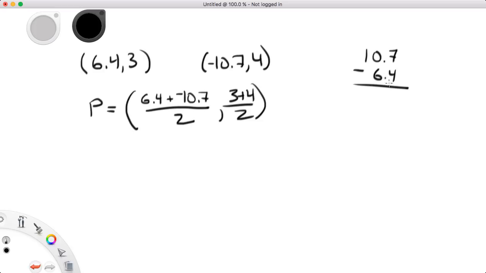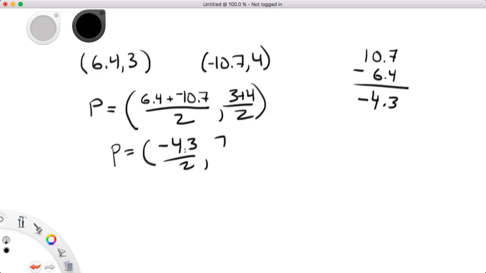So my midpoint, I think we're calling it P again, so let's call that big P. Okay, is going to be, here's x1, here's x2, 6.4 plus -10.7 over 2, comma, 3 plus 4 over 2.